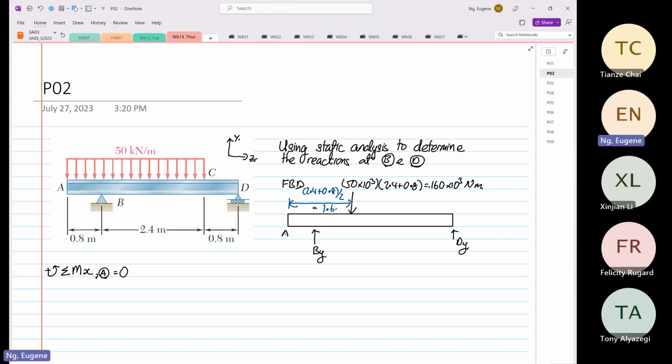So this is our point A. Point B is here. Somewhere down here is point C. And over here is point D, right? So when we take our moment about point A, we get 0.8 multiplied by By, right?